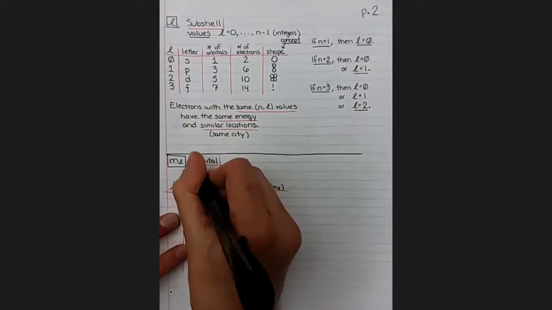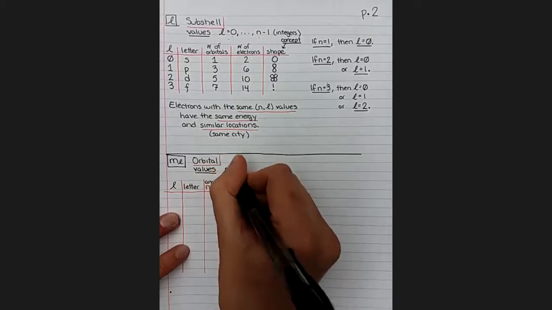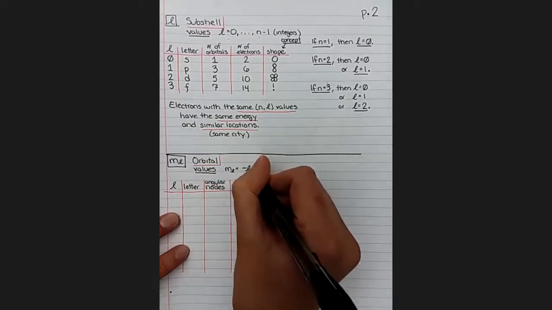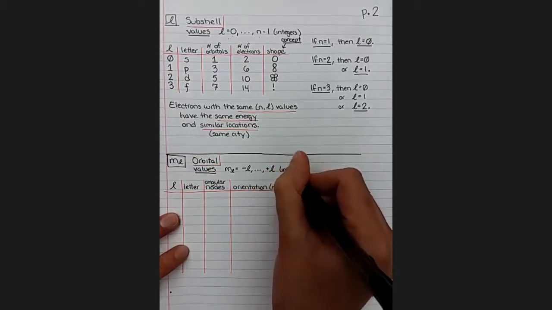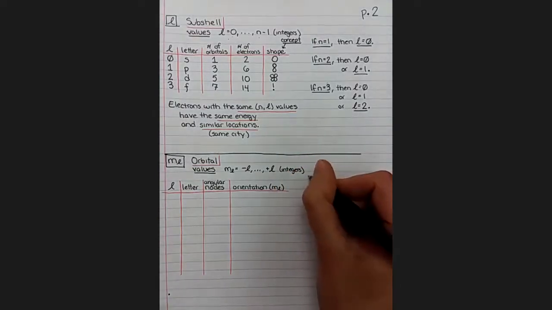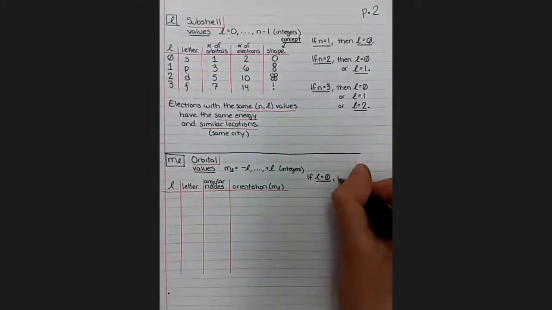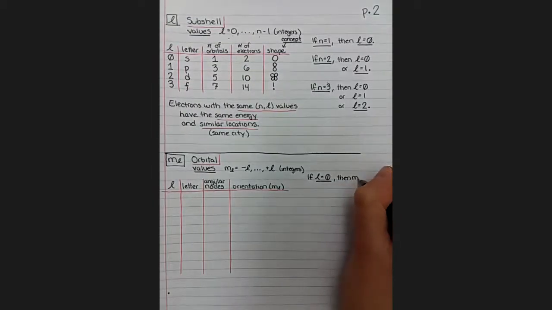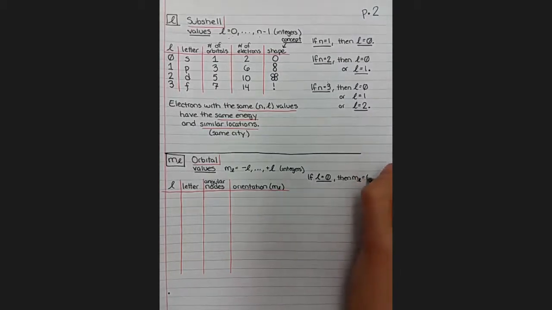So let's talk about how to calculate the number first, all the possible values. Our m sub L values start at negative L and increase to the next integer until they get to positive L. So if we give an example, if L is equal to 0, which is the smallest value for L, then our values for m sub L are from negative 0 to positive 0, which we know is just 0.